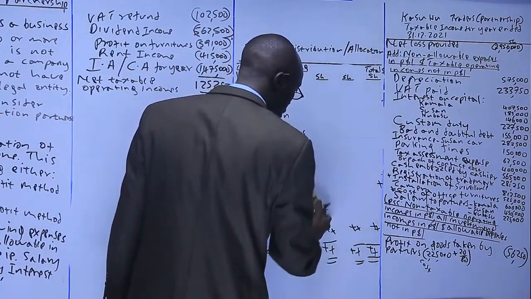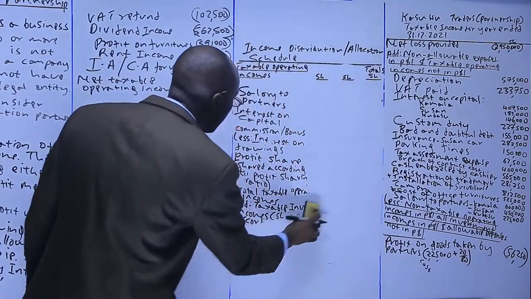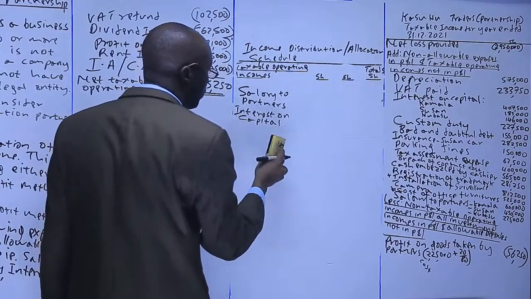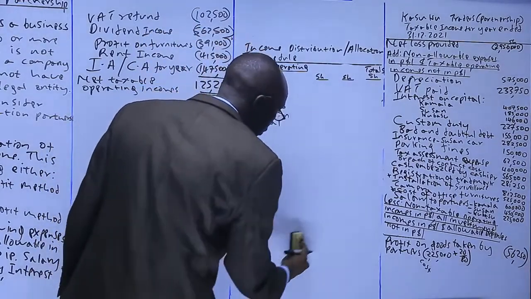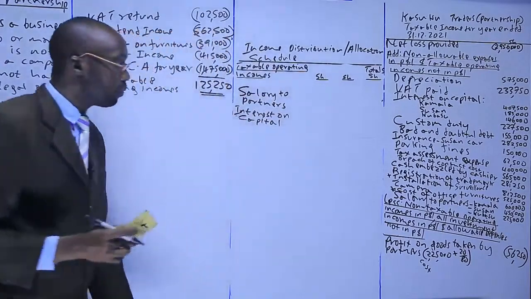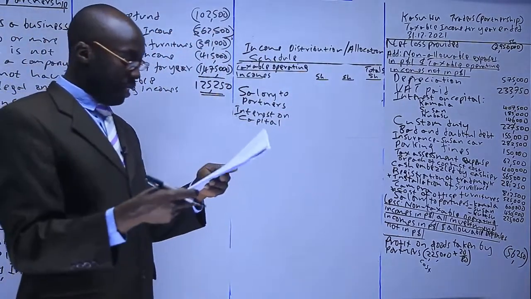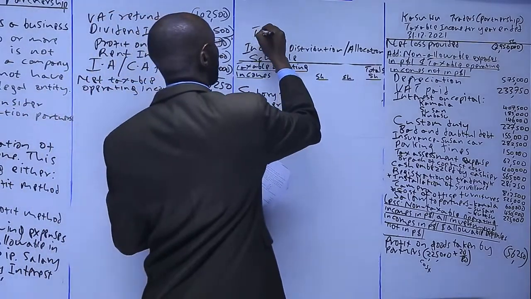Let me delete this. So I'll call this the partnership name, Kasuku Traders Partnership.